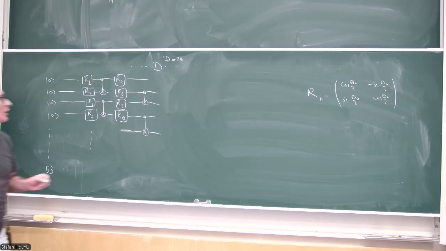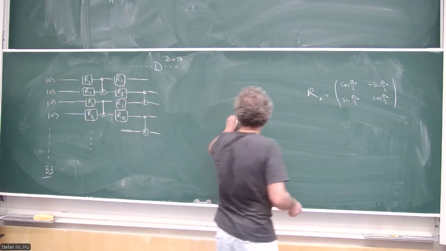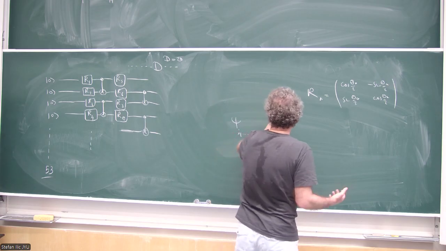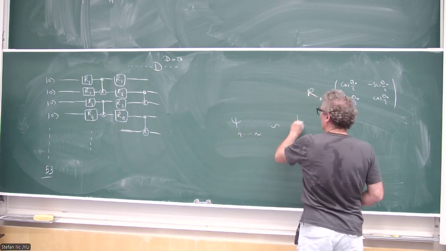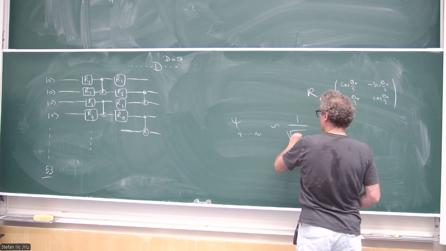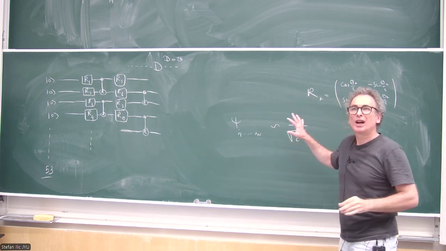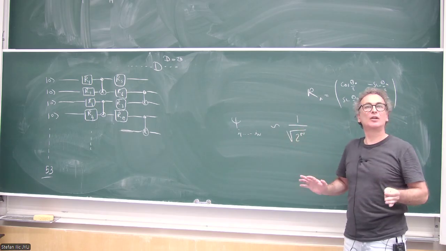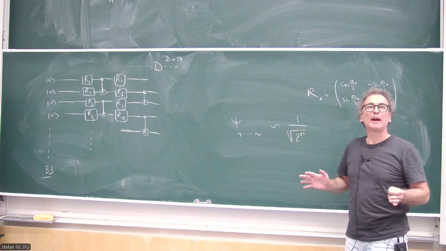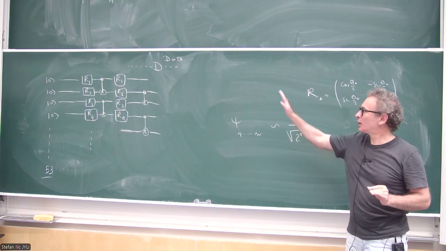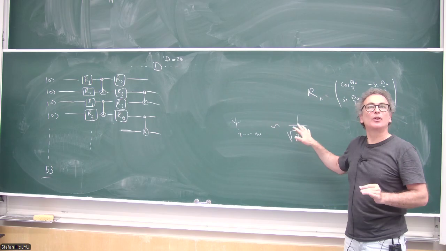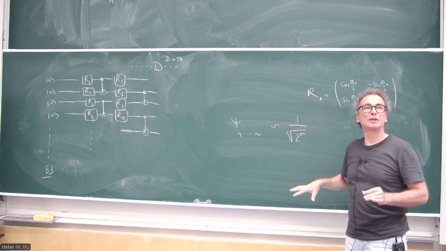So essentially you get a state psi, I1 to In, where essentially all amplitudes are of the order of 1 over square root of 2 to the n, but some of them are slightly larger, some of them are slightly smaller. And essentially the only thing quantum about it is that you should get a bit more of the amplitudes that are slightly larger than the amplitudes that are slightly smaller.